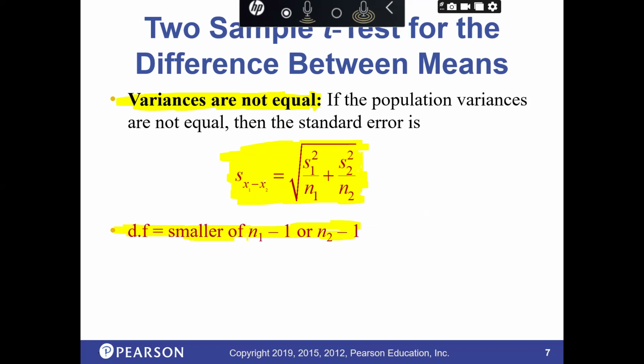So this one, instead of adding up the number of values we have or samples and then getting the degrees of freedom by subtracting 2, this one we just use a smaller one. So this one's going to give us the greatest amount of freedom for error. That's what we're looking for.